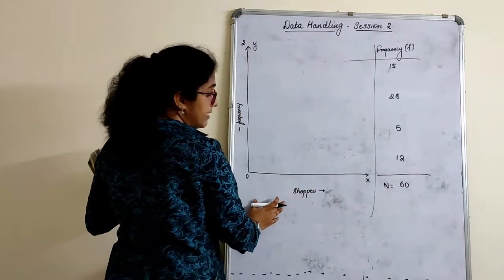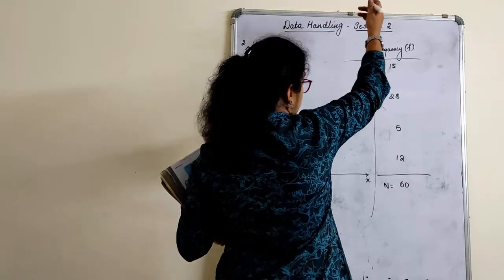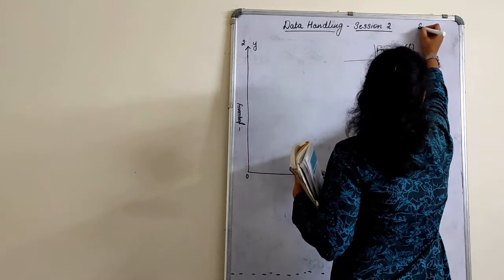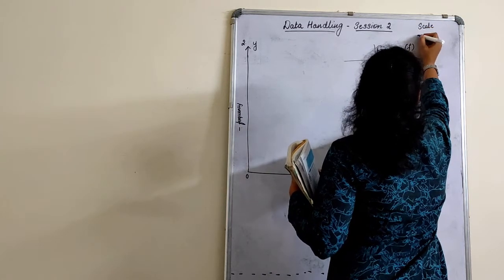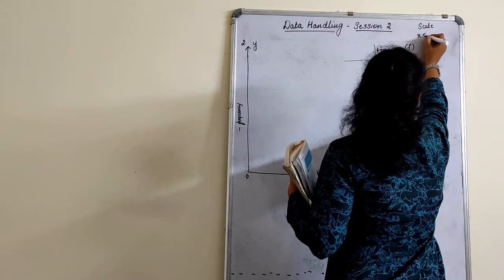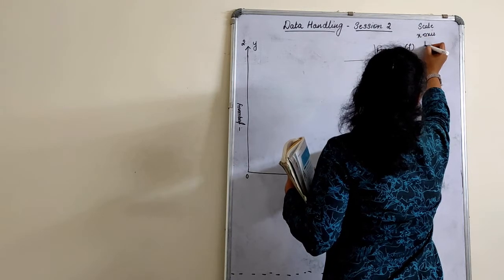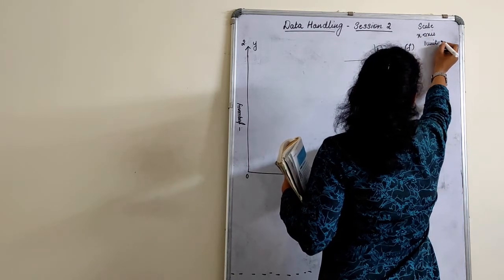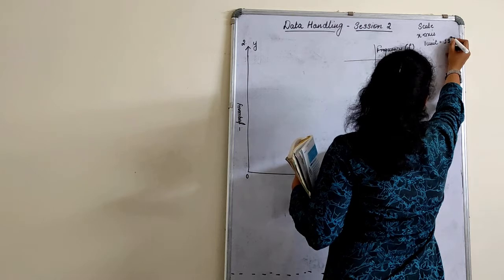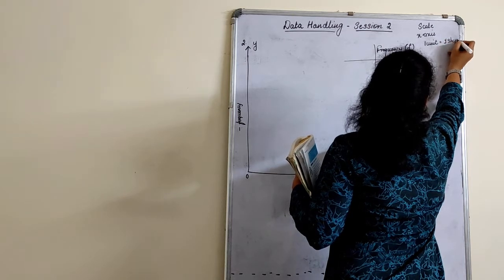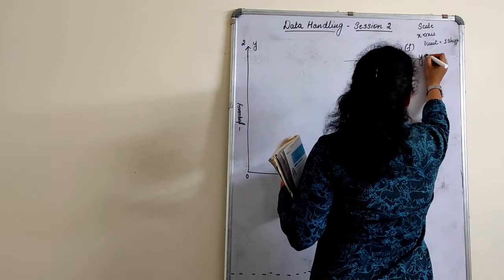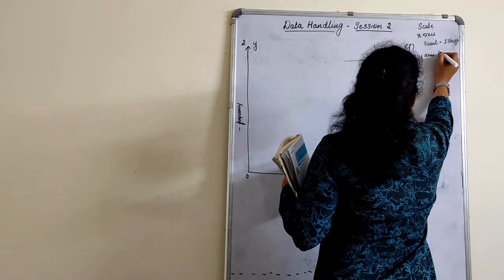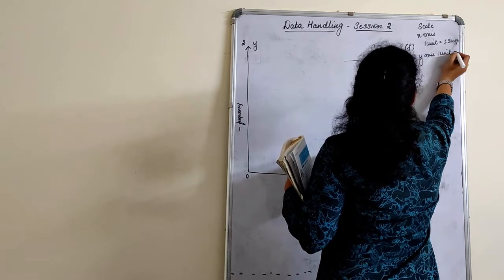You have to always write the scale on your top right hand corner. I will write it here. That's very important. X-axis: 1 unit is equal to 1 shopper. Okay? Y-axis: 1 unit is equal to.